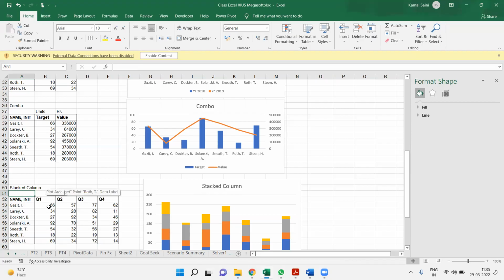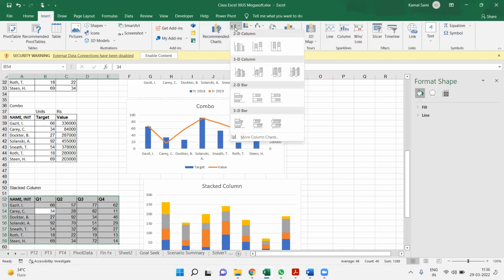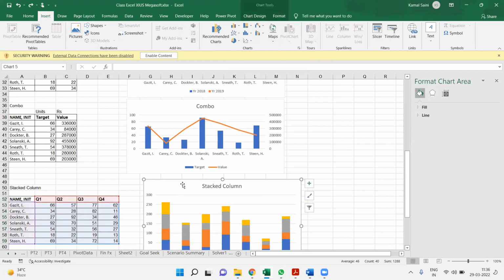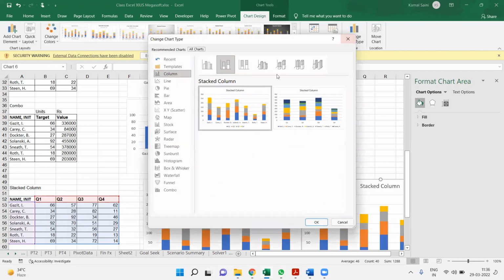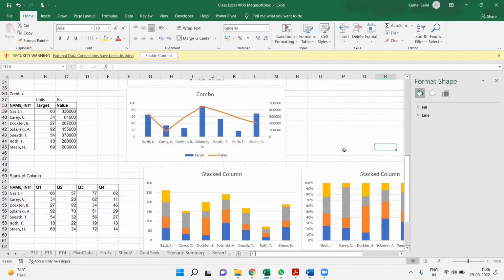The stacked column is available under insert. In the column itself, you have the second option as stacked column. Now there is a brother of stacked column, that is 100% stack. The difference is, it will show 100% of the business, and how much each quarter is contributing in percentages.